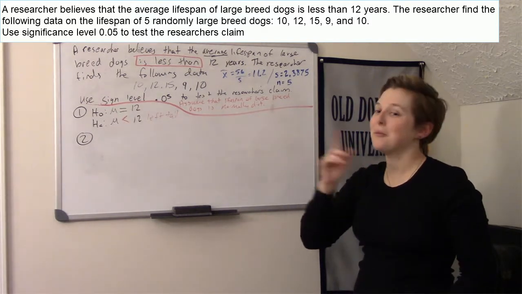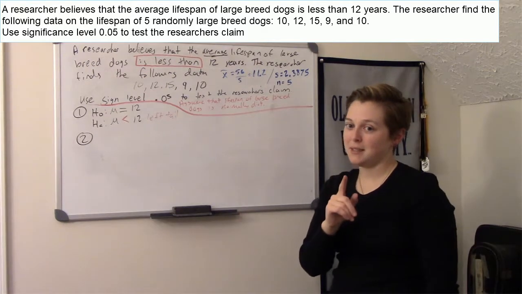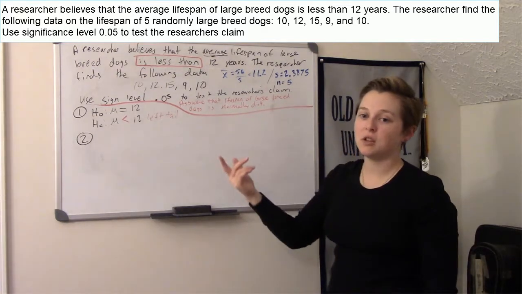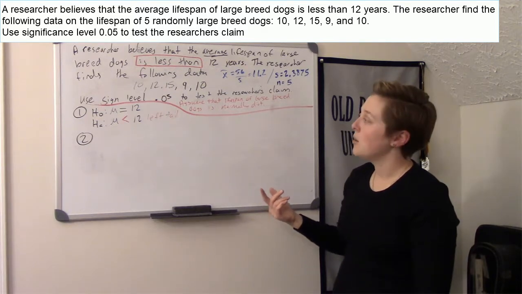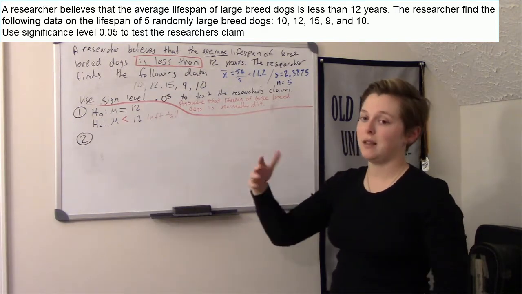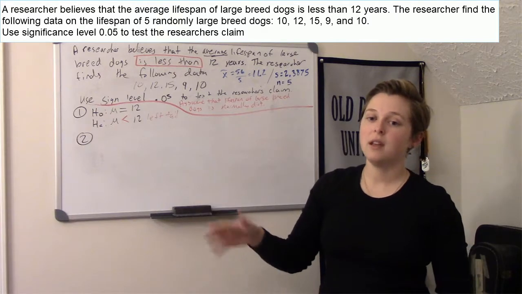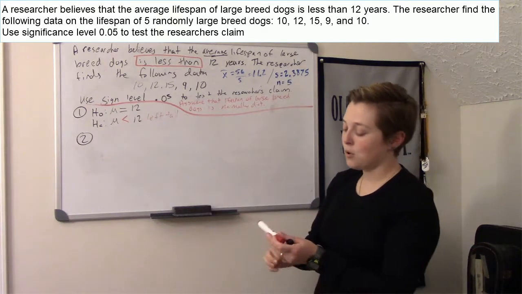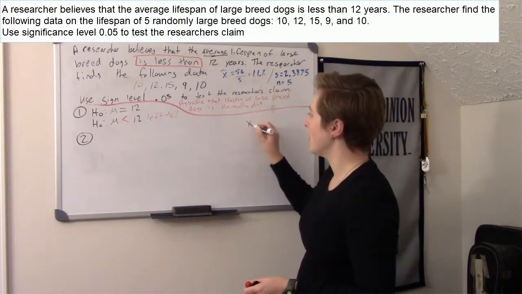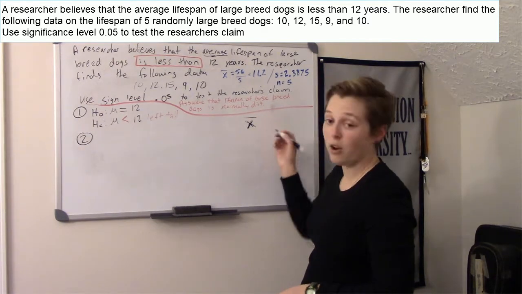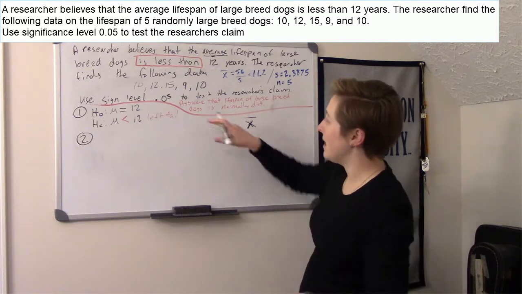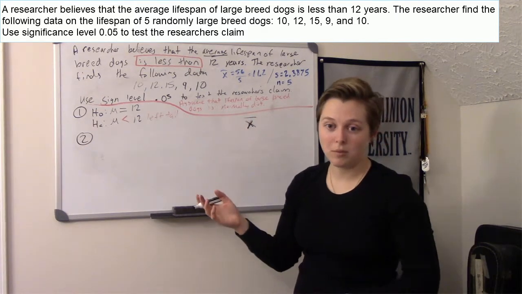Now, when you have large sample sizes, remember in the previous section we were talking about the central limit theorem. We talked about when you have a large enough sample, and we said 30 was good enough to be large enough, then in order for the sample mean, x bar, to be normally distributed, when n is large, you did not need for the original data to be normally distributed.